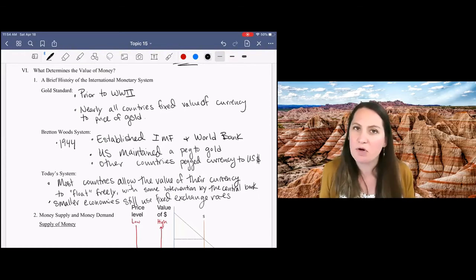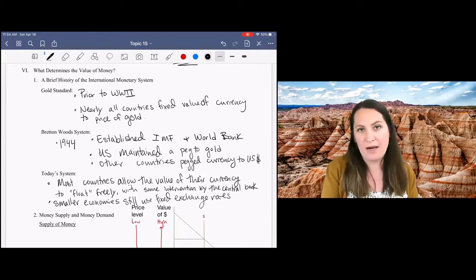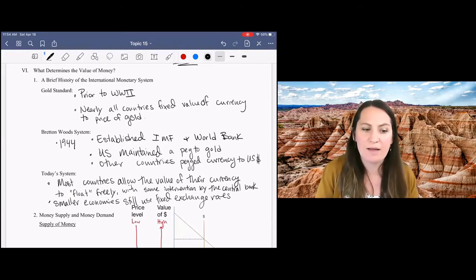So there are kind of like pros and cons of each of these methods, but I think that what we widely agree upon now is that the ability to control the money supply, to control our monetary policy, to respond to really immediate crisis is a powerful tool for the government to use to help to stabilize the economy.